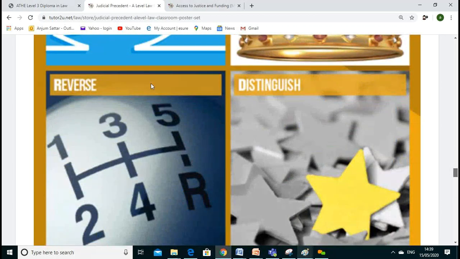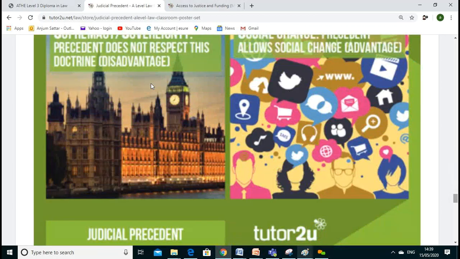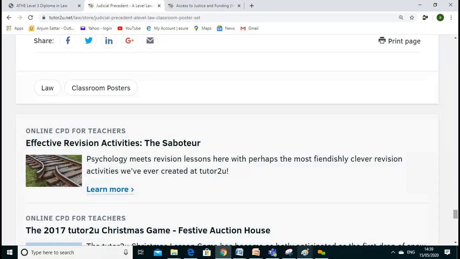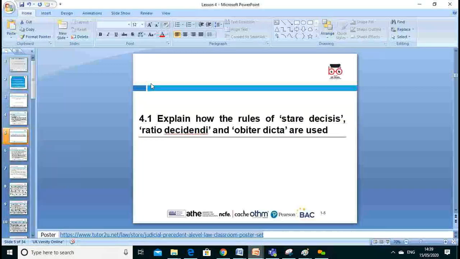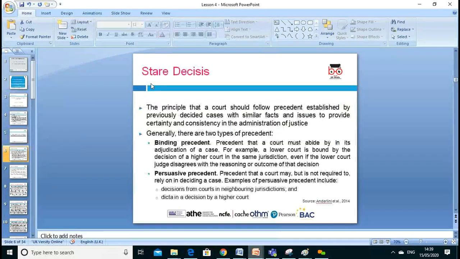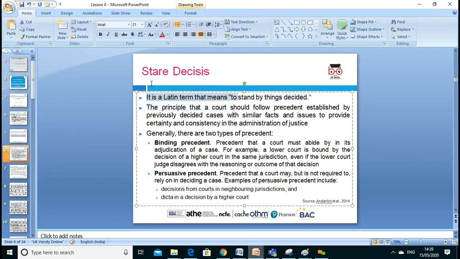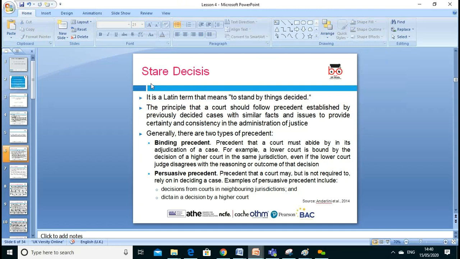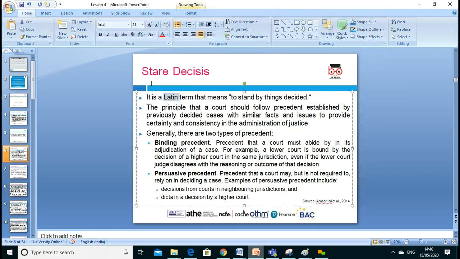So we have this little map, which is quite good for all the key terms. I copied the link for you to go through to memorize, because sometimes we're not purely in the law profession, so it is difficult and we need to go through it. This word stare decisis is derived from a Latin term which means to stand by things decided.